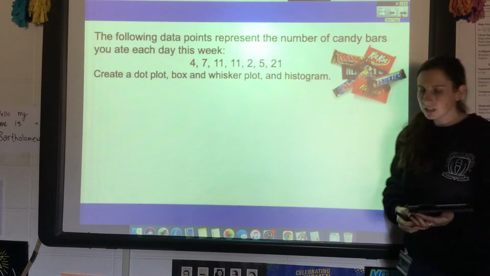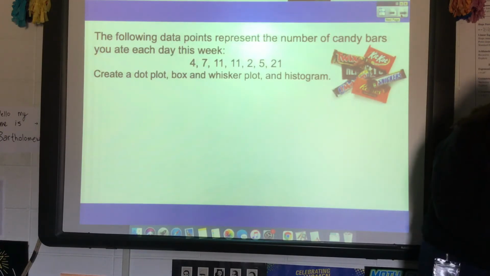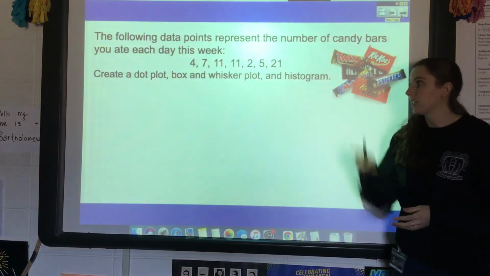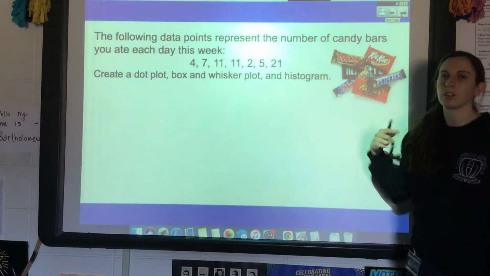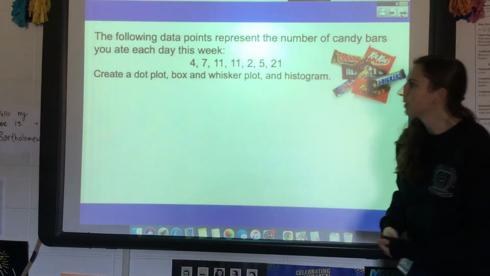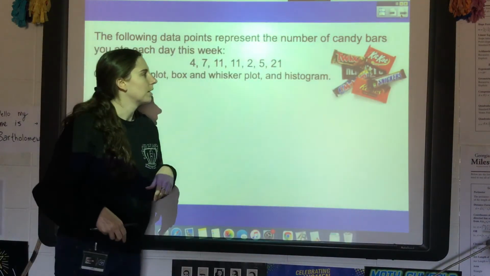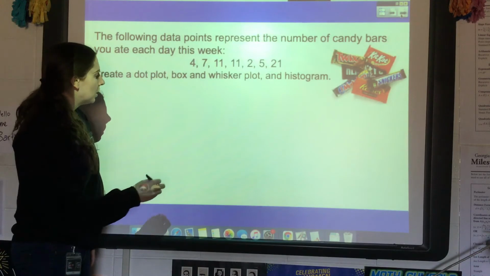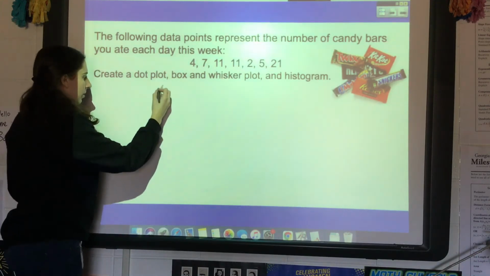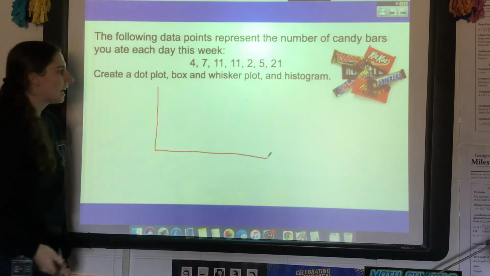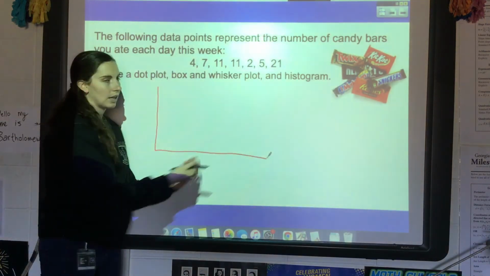All right, so let's go through one example. And we're going to actually make a dot plot, a box and whisker plot, and a histogram with this data. Actually, no, this video is just on histograms, so let's just focus on that. So for histogram, I'm going to draw out kind of a grid here, and I get to pick whatever intervals I want.